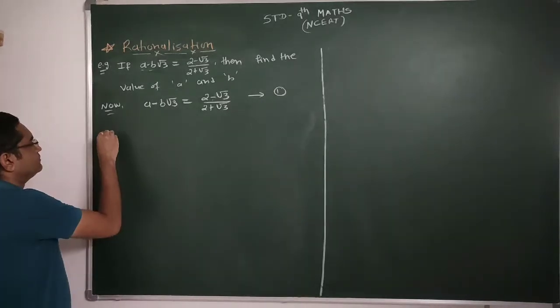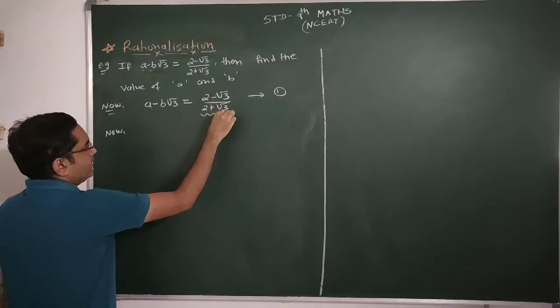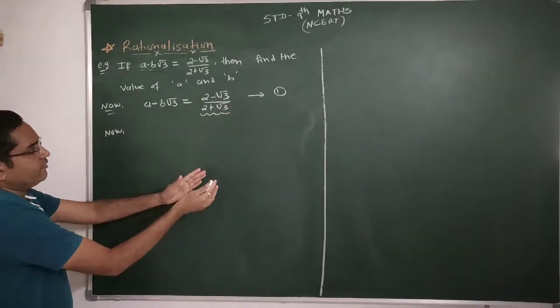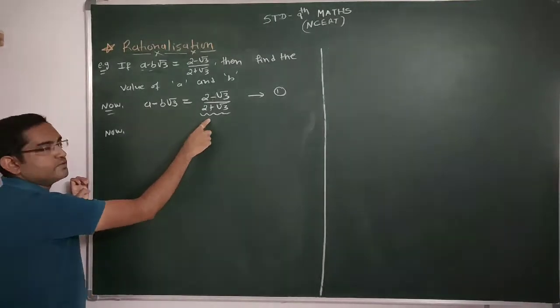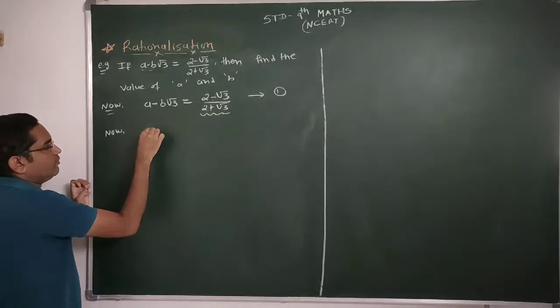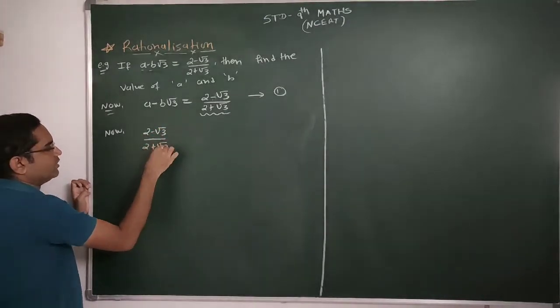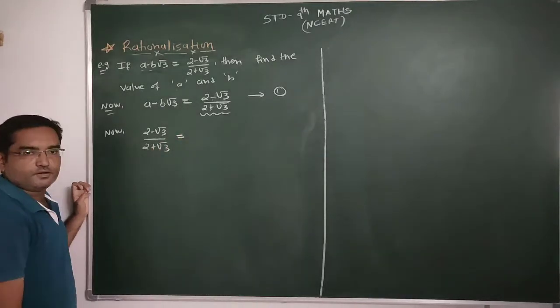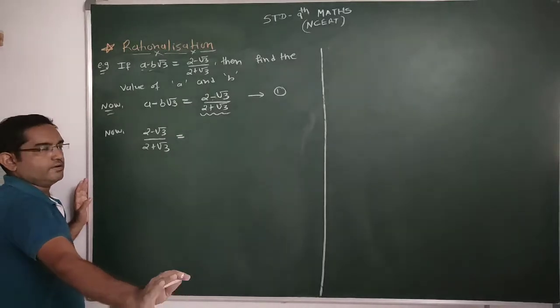Now the next step: we will simplify the right hand side of this equation and then compare it with the given left hand side. So now consider the right hand side of the equation, which is 2 minus root 3 divided by 2 plus root 3. Done? Now we will do the simplification in this right hand side.